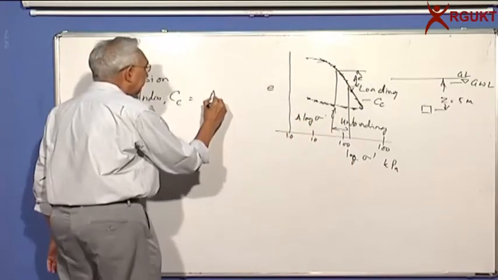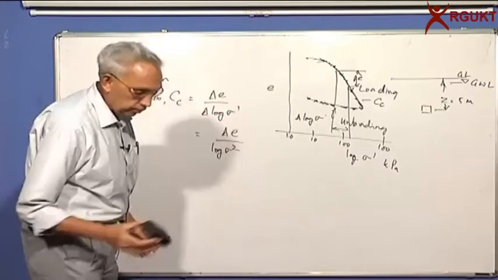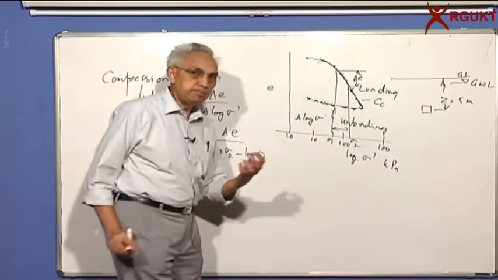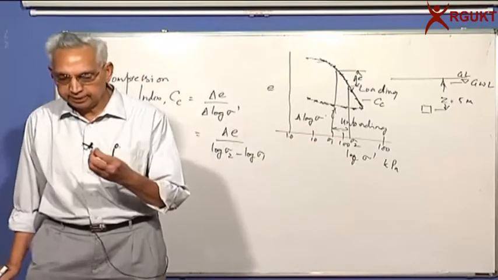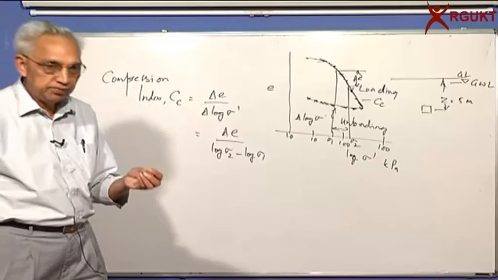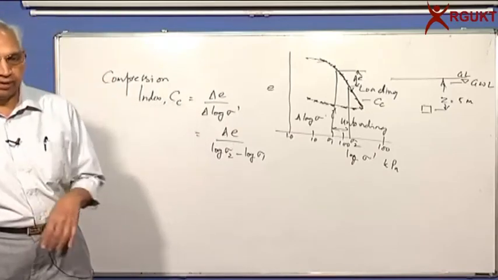So I can say the increment is from sigma 1 to sigma 2. You have increased the stress on the sample from say 50 to 100 kPa or 100 to 200 kPa or whatever it is.